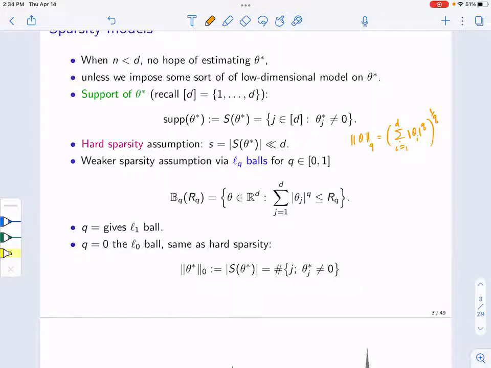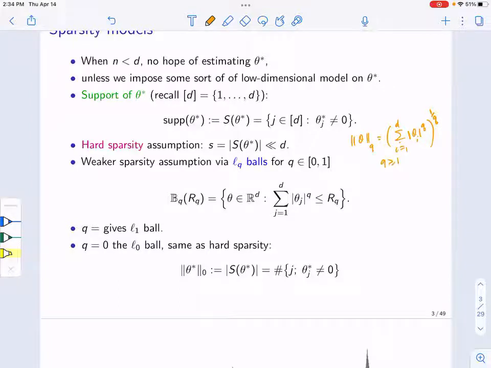So if q is bigger than or equal to 1, this is a norm. But if q is less than 1, this is no longer a norm. But this guy, I forgot what it's called, a quasi-norm or something. It satisfies certain properties, something like a triangle inequality with a constant.